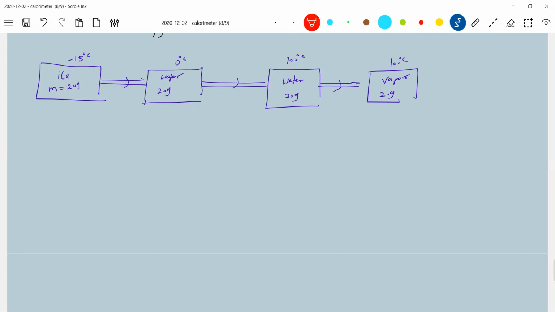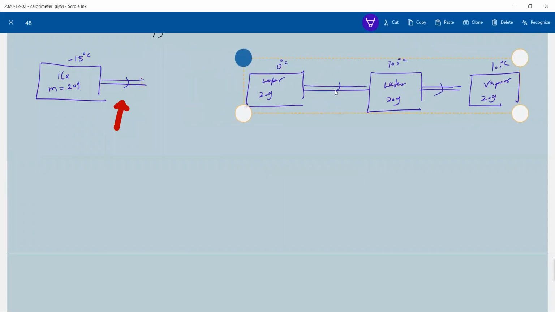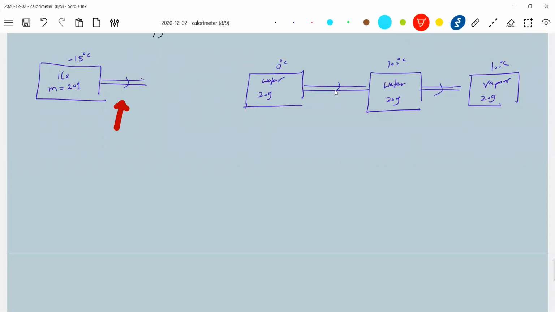So first here I'm going to start like this. Q1.